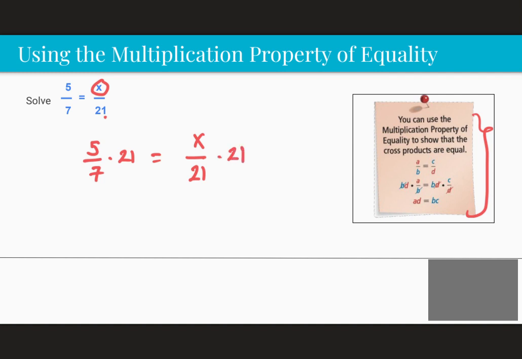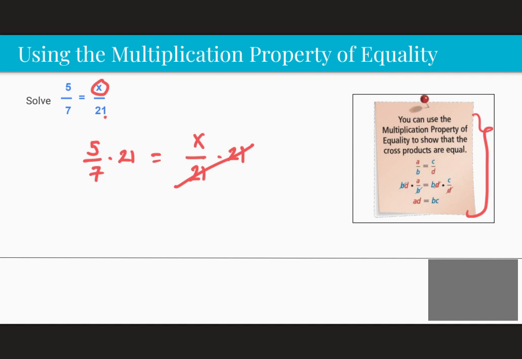What happens here is these two numbers right here will cancel each other out. And so if we take 5 over 7 and multiply that by 21, we should get 105.